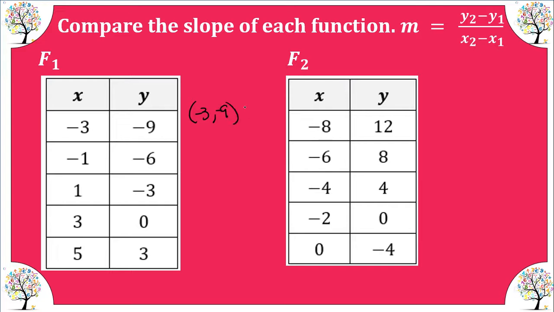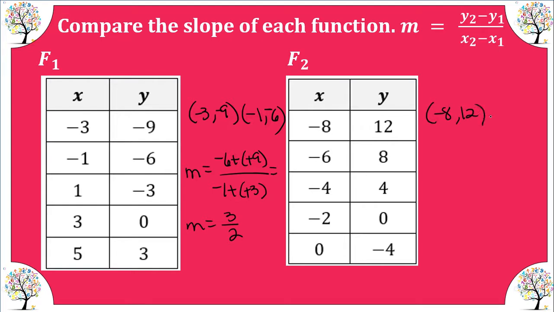Again, let's just find the slope using any 2 points. So I get a slope of 3 over 2. 8 minus 12, -6 minus -8.